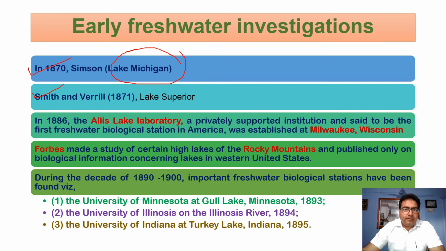In 1886, the Alice Lake Laboratory, a privately supported institution and said to be the first freshwater biological station in America, was established in Milwaukee, Wisconsin. So this was also one of the important breakthroughs in establishing a freshwater biological station in America.